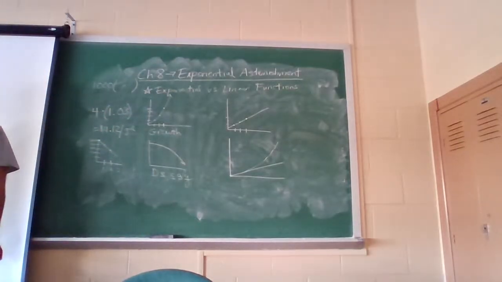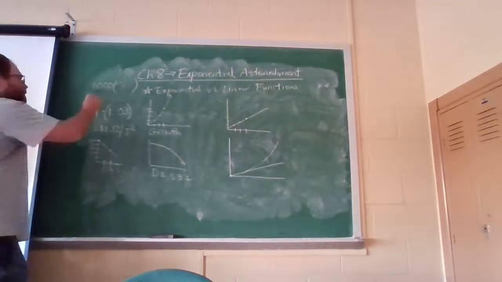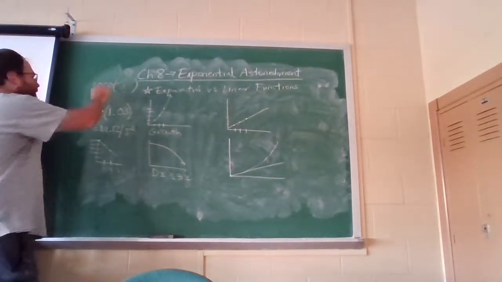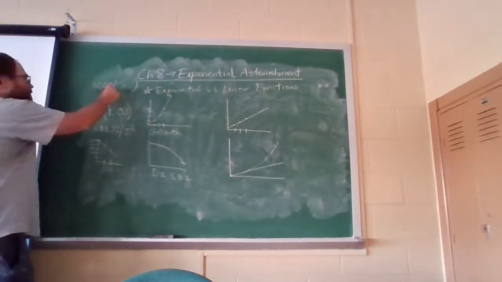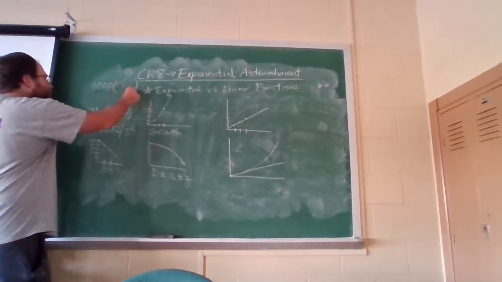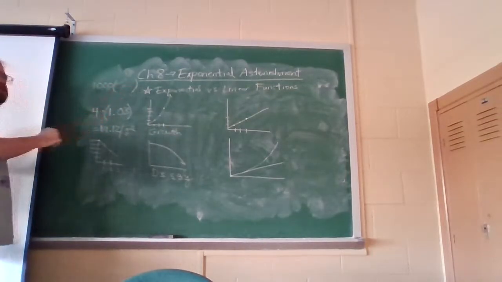So if we wanted this 1,000 to go down 25%, what number could I multiply it by to get it to go down 25%?